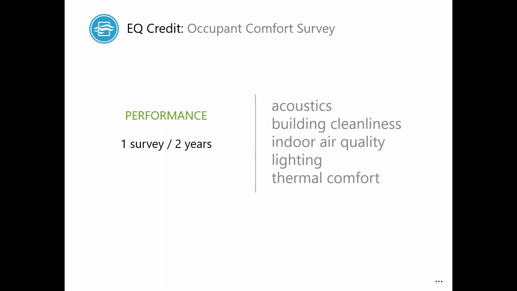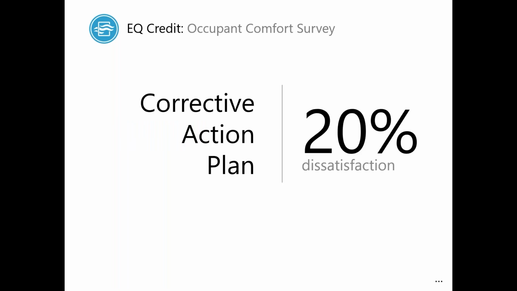But essentially, we just need to ask people to score the building, say from -3 to +3 on each of these 5 elements. If any of those elements show more than 20% dissatisfaction, so dissatisfaction means, if we're using that -3 to +3, it would be -3, -2, or -1.